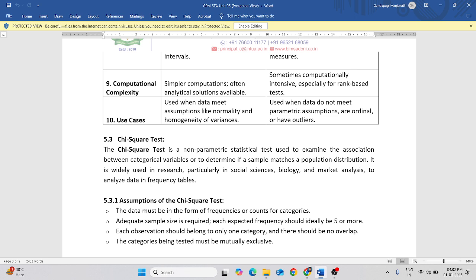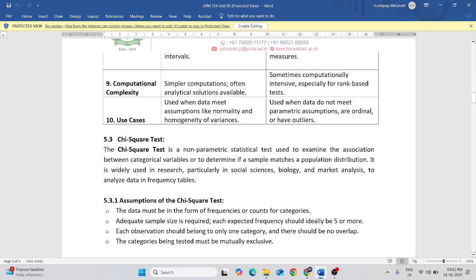The decision of accepting the null hypothesis is based on how close the sample results are to the expected values. Here we try to examine the association between categorical variables, and whether the data matches a population distribution.